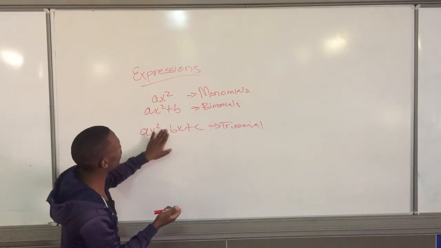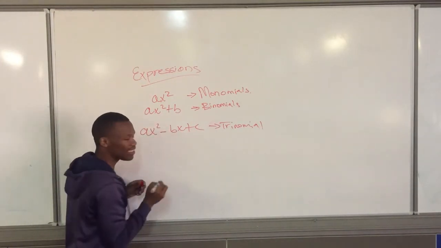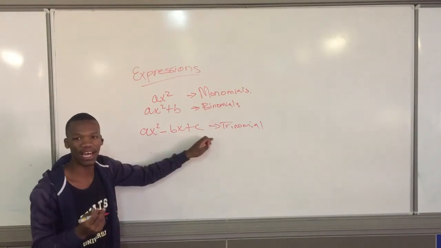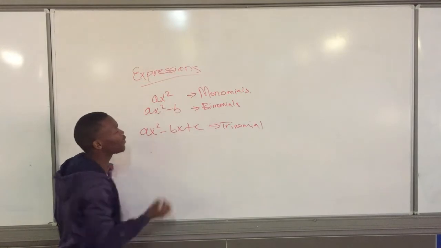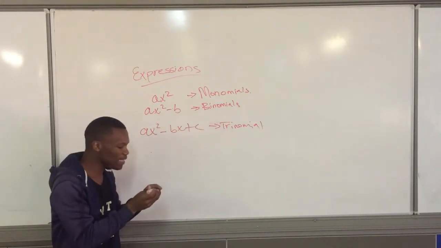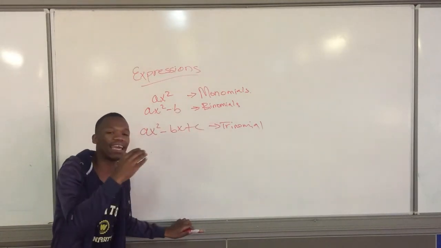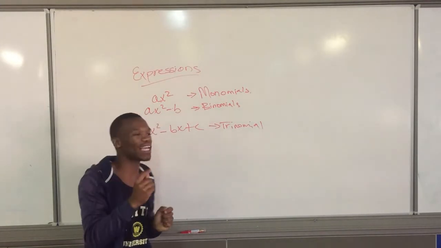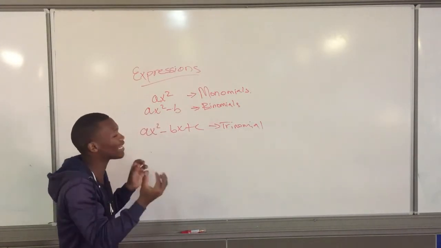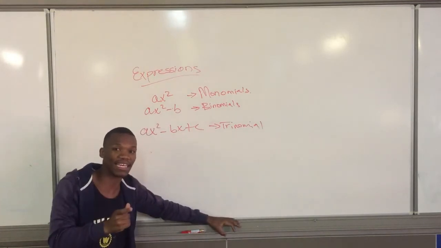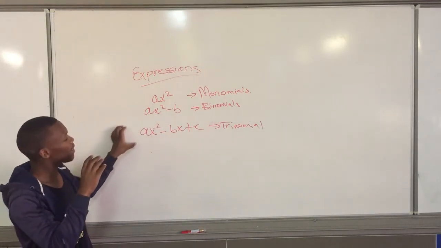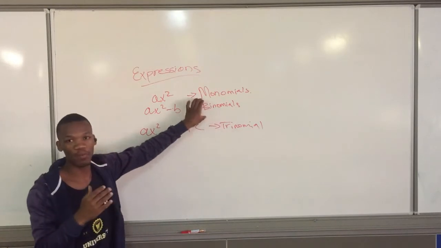Even if maybe, for example, there was a minus sign here, it was still going to be a trinomial. Even if there was a minus sign here, it was still going to be a binomial. So whatever separates the terms, for as long as it is an operational sign, most specifically a plus or a minus, it means it's a trinomial or a binomial.